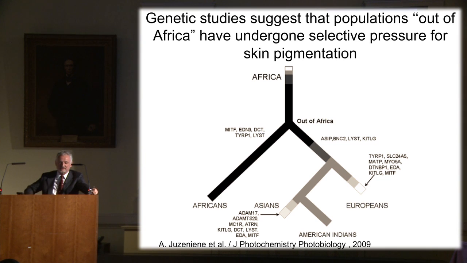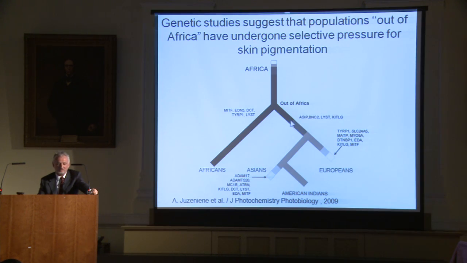Now, this was the time when humans, humanoids, went out of Africa, and you see Europeans, Asians, what they develop is quite a lot of different mutations in genes which are associated with pigmentation.